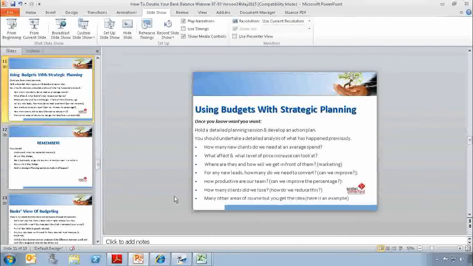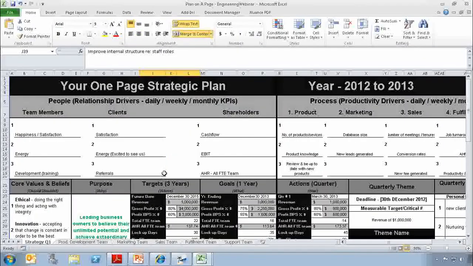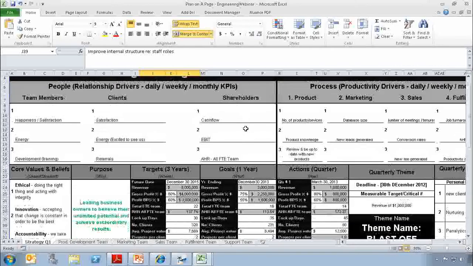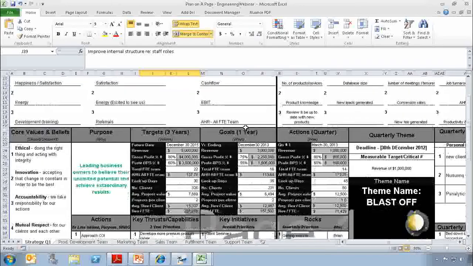And to give you a bit of an example on some of the things that we do once we've done this with our clients, we will run through, say, a one-page strategic plan, which we'll give to our clients. We'll help them fill it in. We use what's called the Gazelles system, which is from a guy called Verne Harnish that I saw about 2 years ago now, and it's a one-page strategic plan.